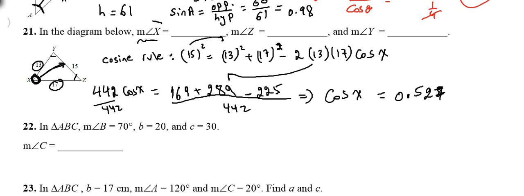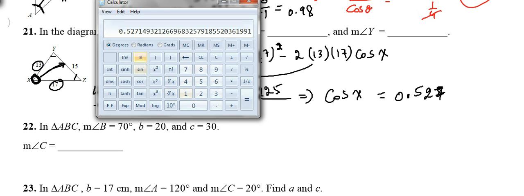He said find the measure of angle X. To find the measure of angle X, what we do is shift cosine, which is the inverse.